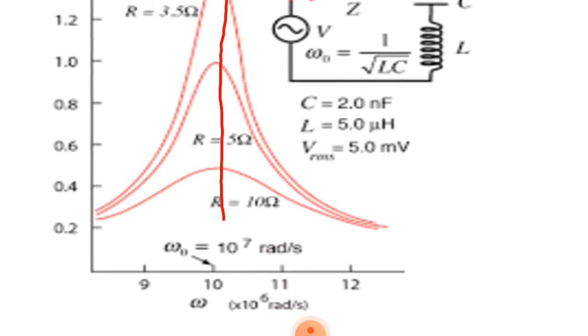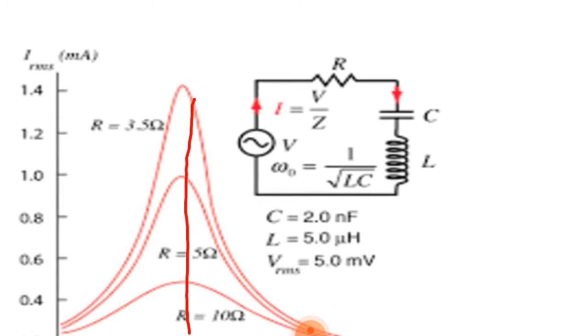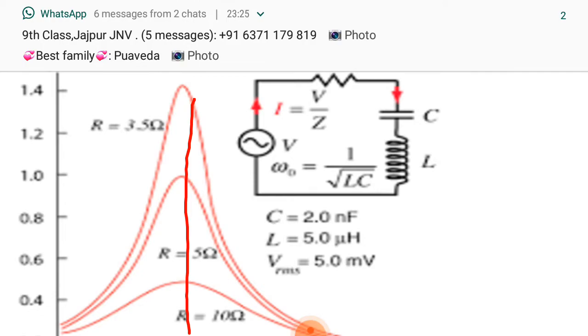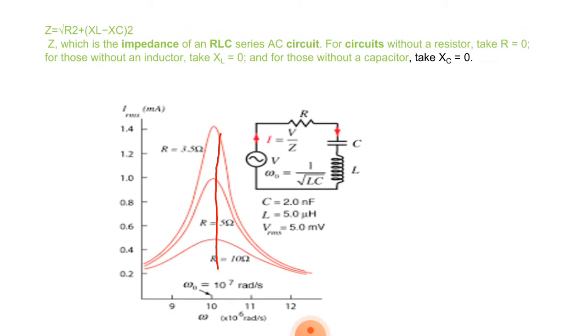For 10 ohm, the sharpness is less, it is flat. For 3.5 ohm, the sharpness is more. It means that for the same XC and XL, the sharpness of the curve depends inversely on the resistance. Lower the resistance, higher the sharpness.